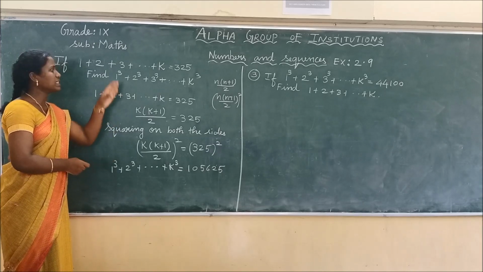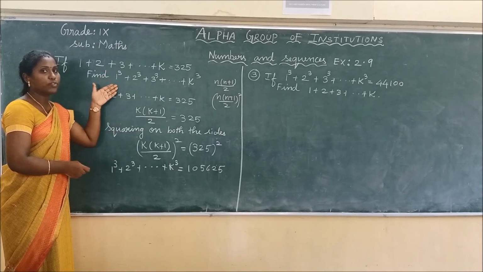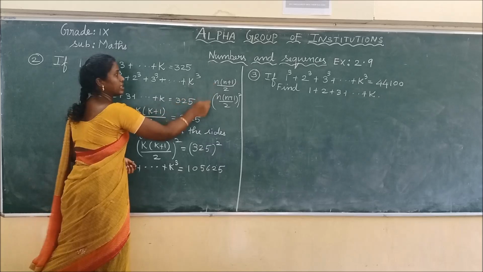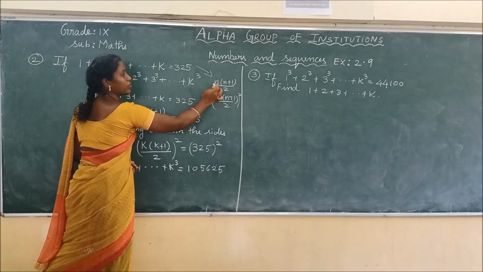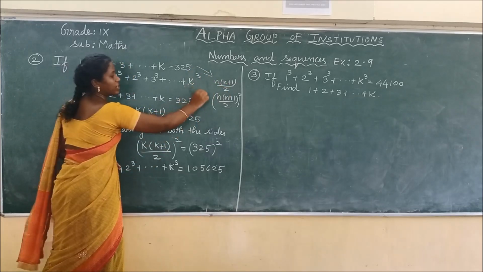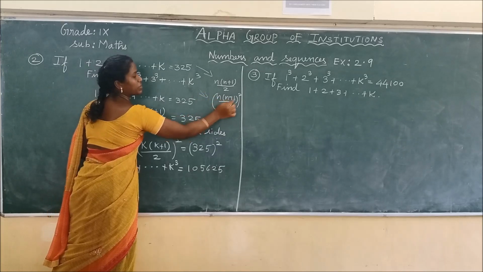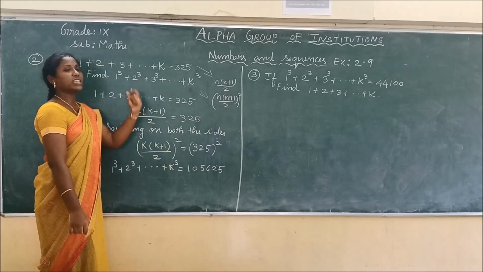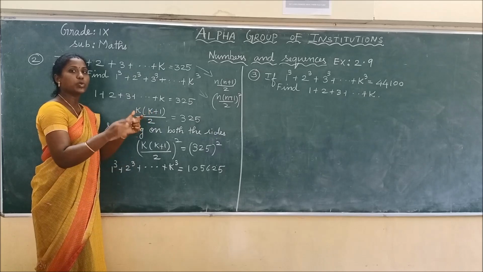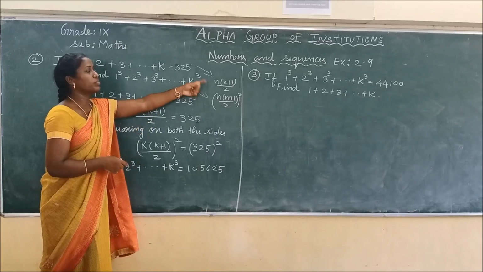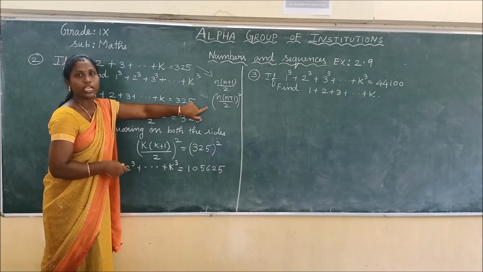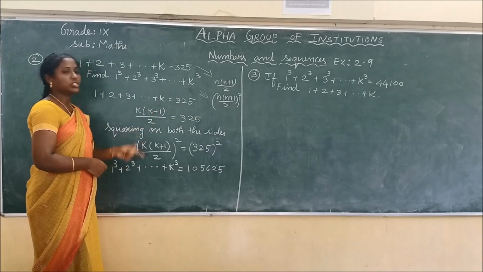Full problem: one series is given, and they are asking the answer for the other series. If you compare these two series, for natural numbers we have the formula n into (n plus 1) by 2, and for cubes of natural numbers we have n into (n plus 1) by 2, the whole square. If I take the square of the answer for natural numbers, we get the cubic answer. That's what we are doing here.